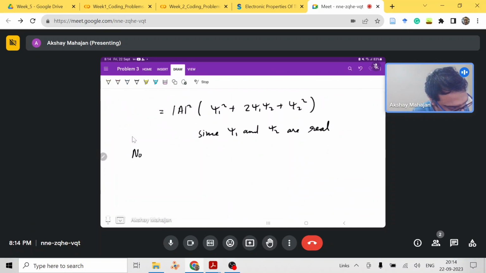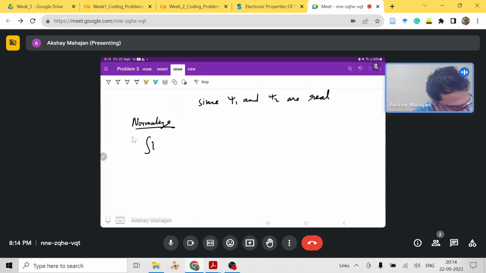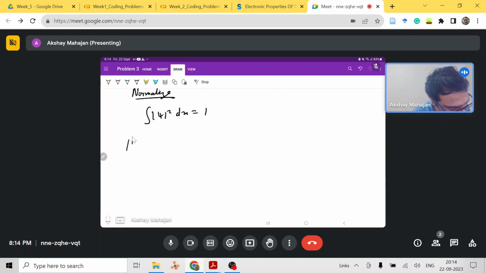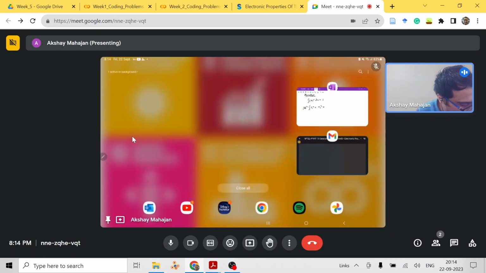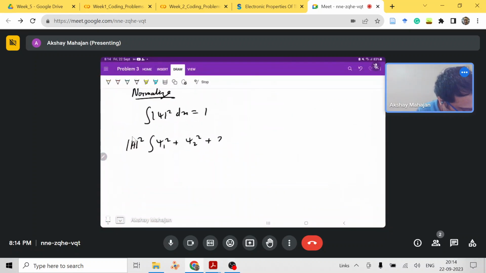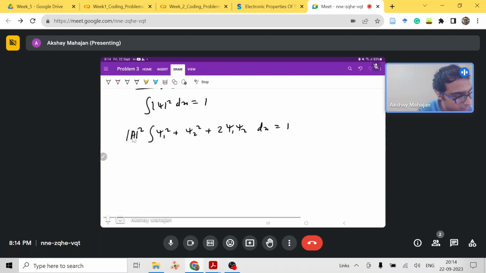Now to normalize, we need the integration of mod of psi squared dx to equal 1. So mod of a squared times the integral of (psi 1 squared plus psi 2 squared plus 2 times psi 1 psi 2) dx will be equal to 1.